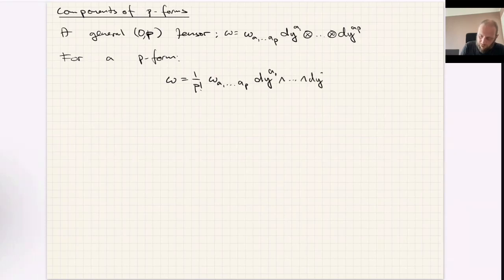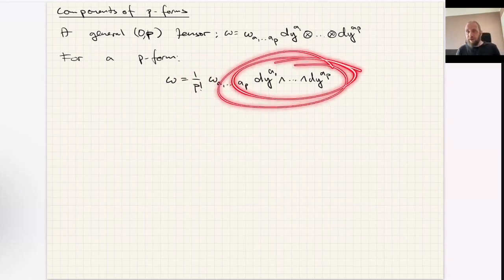This is because this wedge basis contains p factorial elements like this, and then I'm summing with the components here. So that gives p factorial times too much unless you normalize with that. If you look into the literature, you would find this 1 over p factorial appearing, and you might wonder where it comes from. It's good to know that it comes from this wedge product containing p factorial terms.